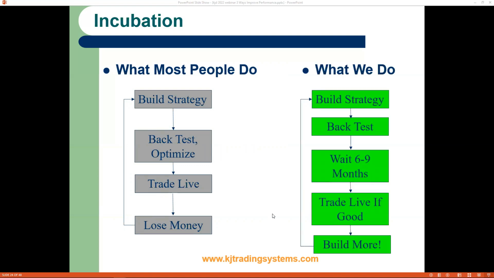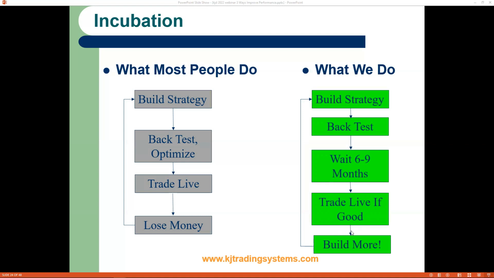What we do, meaning myself and people who take my class, we build the strategy, we back test, but then we have this important step. We wait for 6 to 9 months, and we only go to live trading with this strategy if that performance for the 6 to 8 months was good.